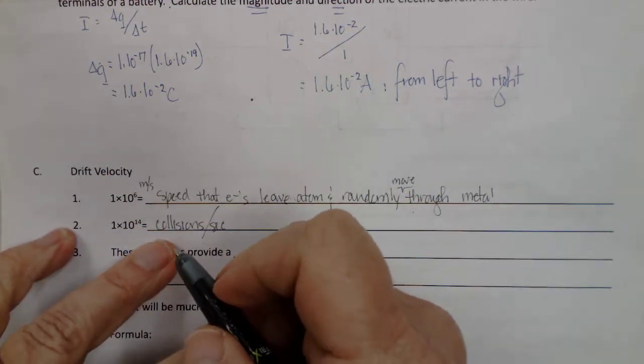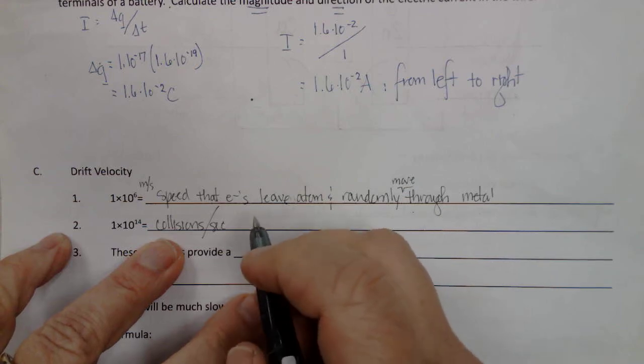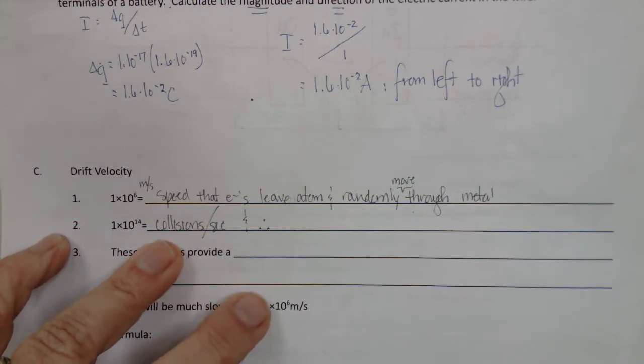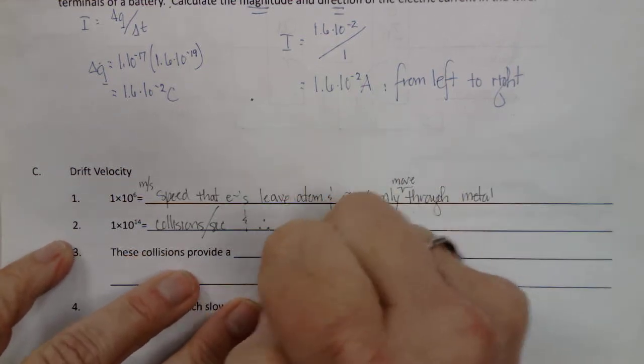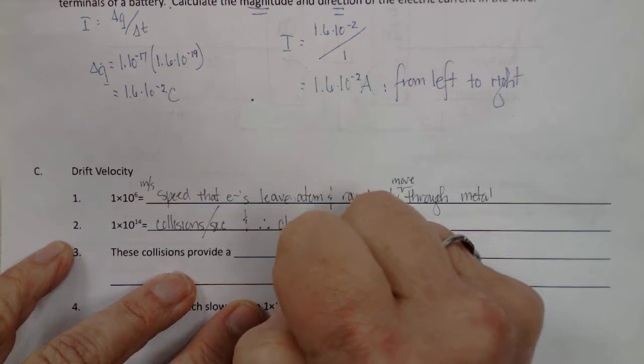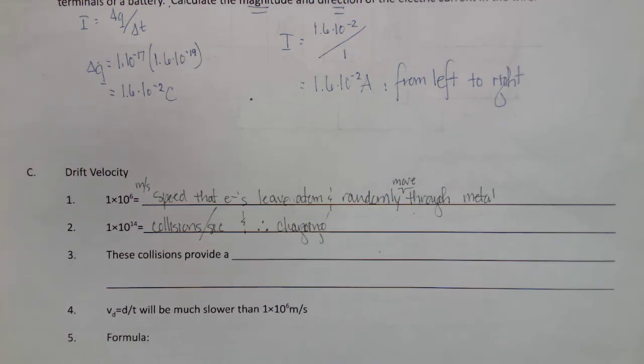And because of that, therefore, they're changing directions. It'd be nice if they just moved that fast along the wire, but they don't, because as they're trying to move, they are making this ridiculous number of collisions per second.